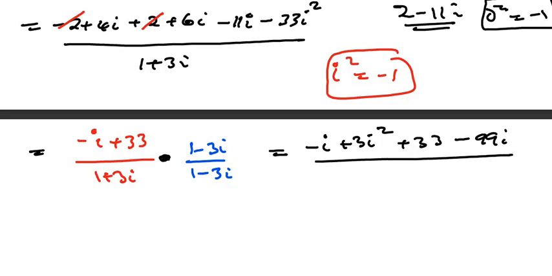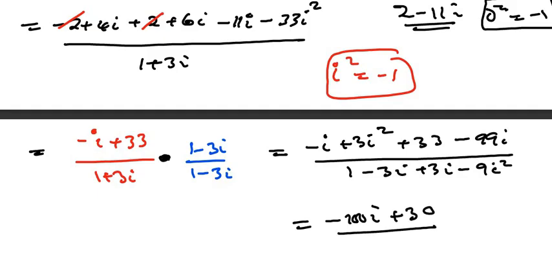Then down, we're just going to have 1 minus 3i plus 3i, then minus 9i squared. This is going to give us negative 100i. Then this is going to be plus 30. Then down, we're just going to get a 10.